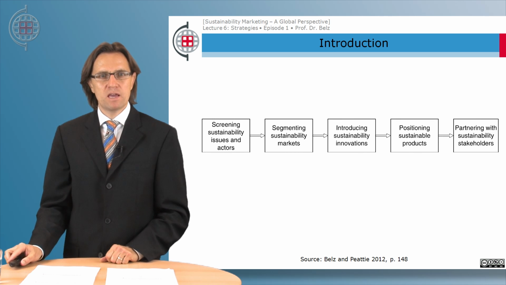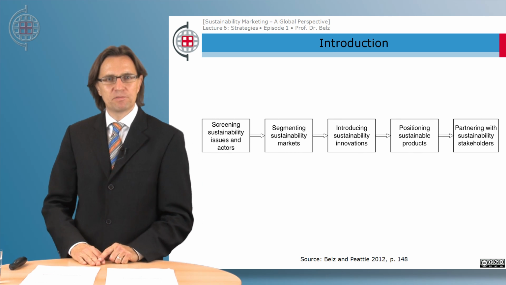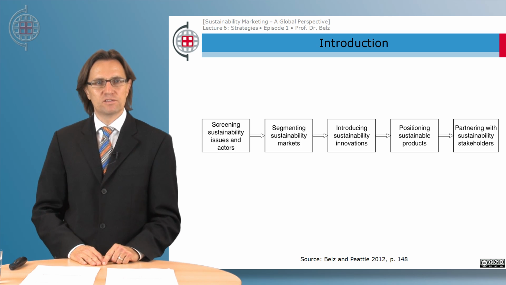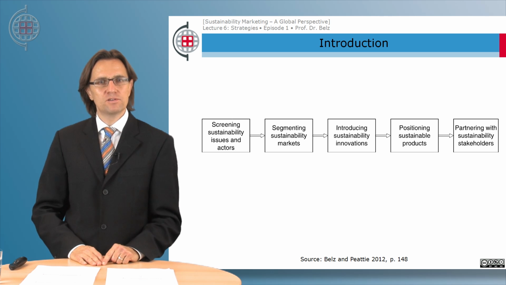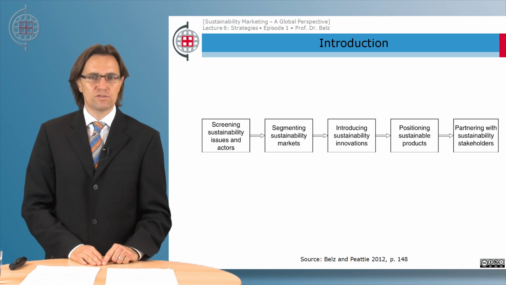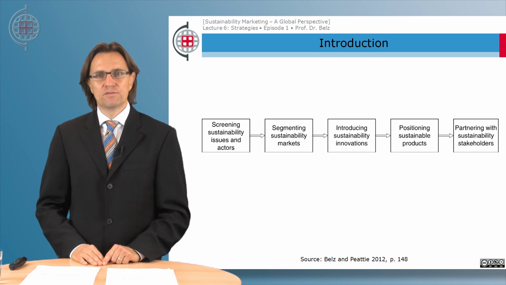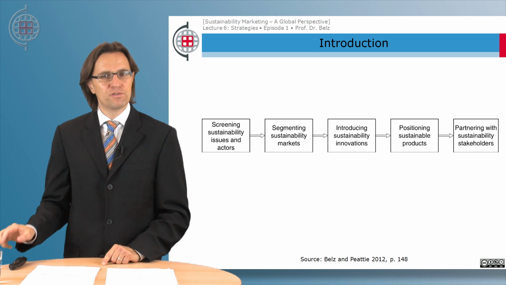Here you see the major steps in developing sustainability marketing strategies. The first one is screening sustainability issues and actors, then segmenting sustainability markets, introducing sustainability innovations to the market, positioning sustainable products, and partnering with sustainability stakeholders. Let's go through them.